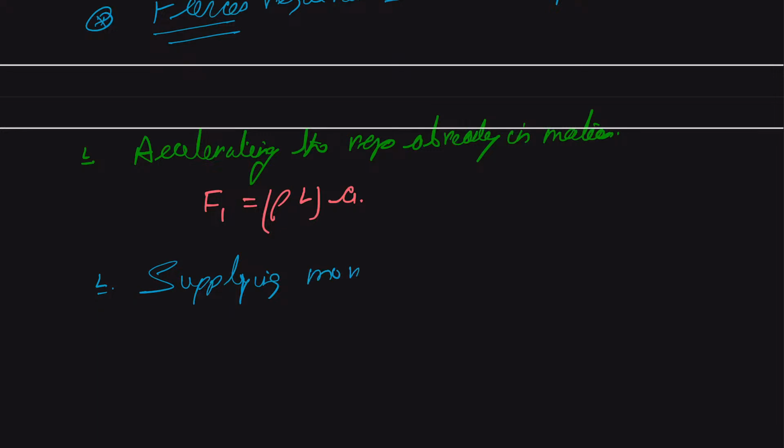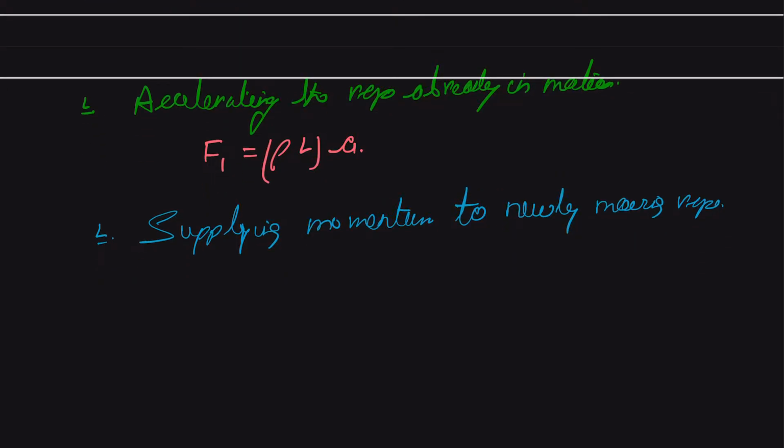We have to pull the rope until its velocity becomes equal to v. Therefore, we can say that F2 will be equal to rho times v square.